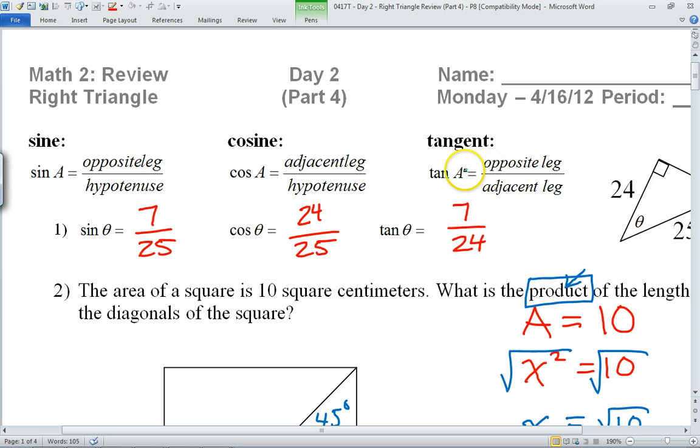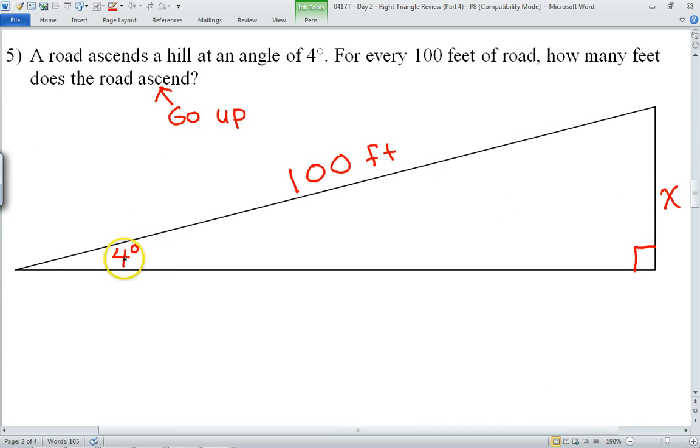So we need to consider, are we talking about opposite over hypotenuse, adjacent over hypotenuse, or opposite over adjacent? Looking at the 4 degrees, x is opposite and the 100 is the hypotenuse. So opposite and hypotenuse. Which function was that? That was the sine function.